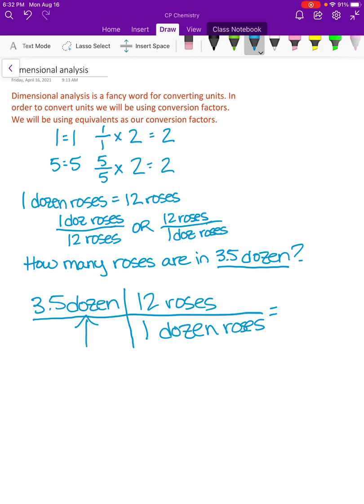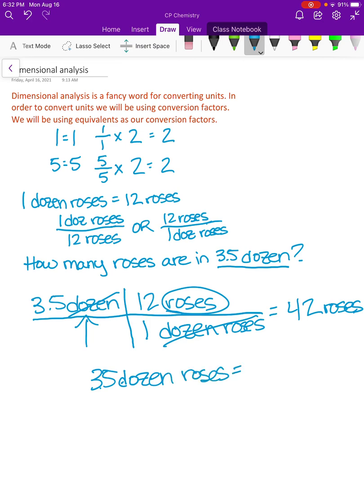You don't necessarily have to put the 1 in the calculator because it's going to be the same, but it will be 42. Since we're dividing by dozen, that cancels that unit out, and our unit now is just roses. Okay, so 3.5 dozen roses equals 42 roses. Okay, that's how you use dimensional analysis.